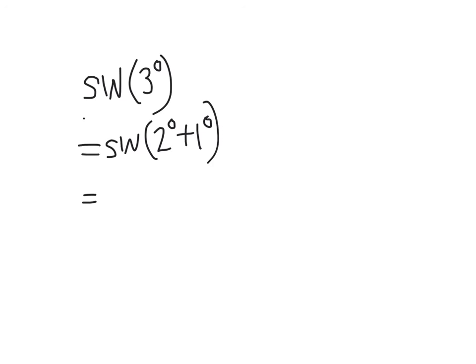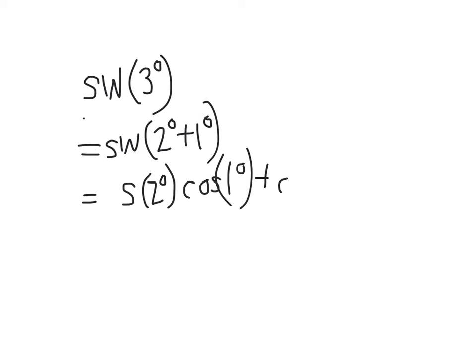The sine of 2, which we figured out earlier, cosine of 1, which we are pretending that we know, plus cosine of 2 degrees, which we can also get from the addition formula, just like we got the sine of 2 degrees, times the sine of 1 degree.